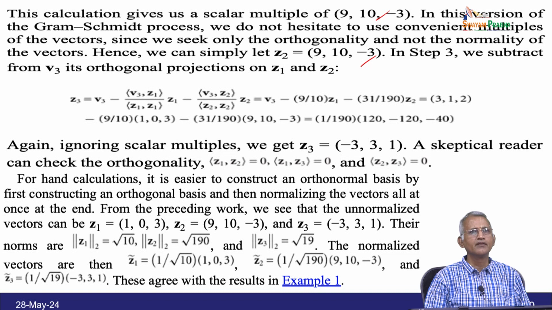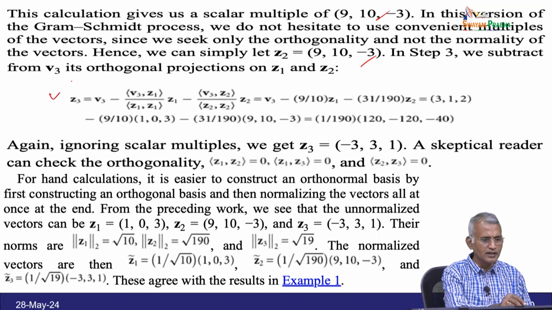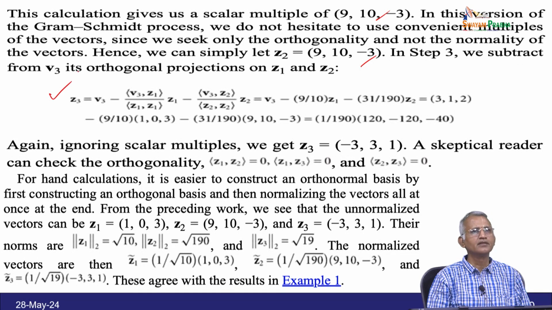In step 3, we subtract from V3 its orthogonal projections on Z1 and Z2. Therefore, Z3 equals V3 minus inner product of V3 and Z1 divided by inner product of Z1 and Z1, times Z1, minus inner product of V3 and Z2 divided by inner product of Z2 and Z2, times Z2.